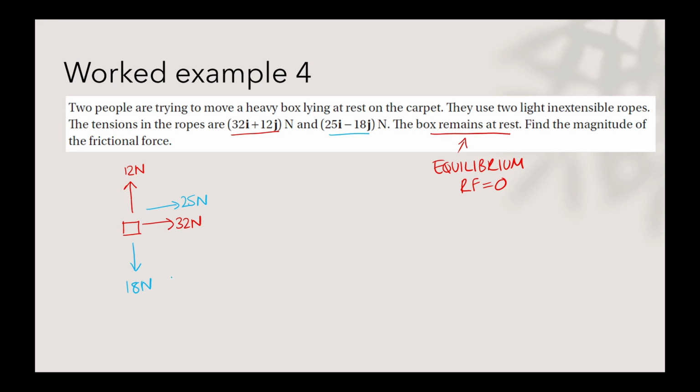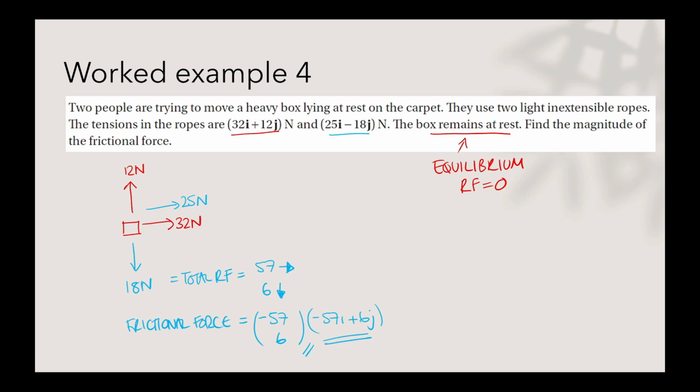So here the total resultant force is going to be 57 in this direction and a total of 6 newtons going down. So therefore the frictional force is going to be countering that, so it's going to be minus 57 and positive 6, which I can write as minus 57i plus 6j. Either of those two forms would be absolutely fine.